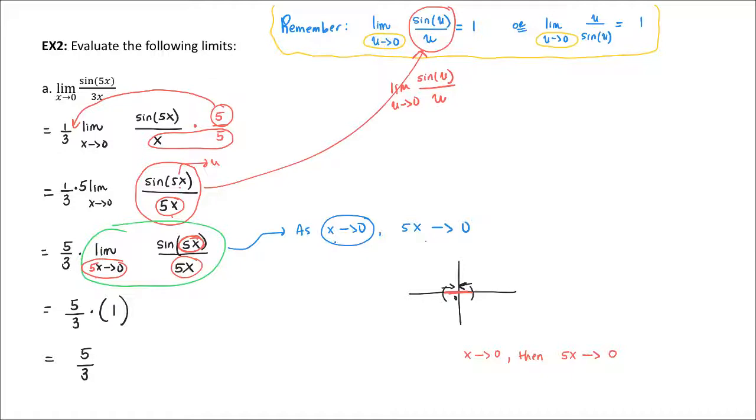So if x goes to 0, 5x goes to 0. And what was really nice about that is that now we have a perfect match and we are able to use this result, that the limit as 5x goes to 0 of sine of 5x over 5x, that entire limit is equal to 1. And then when we multiply by 5/3, we get 5/3 as the value of the limit.